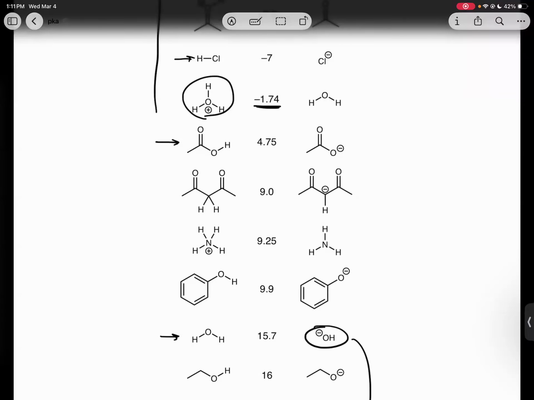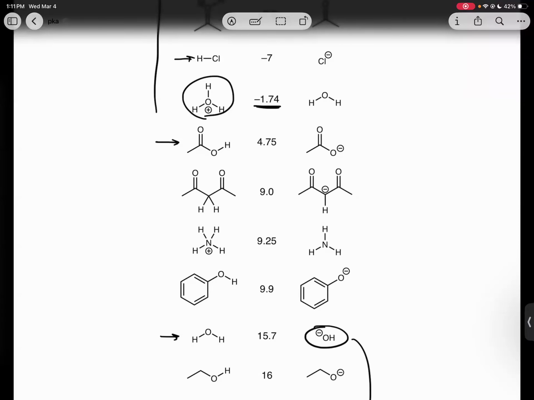This is one of those cases where you'll need to be able to see in this bottom equation that the counter ion is Na plus.